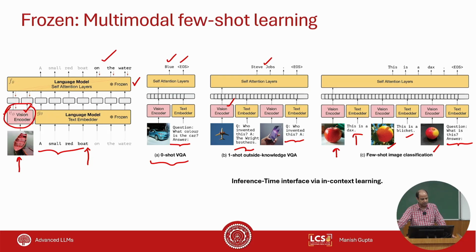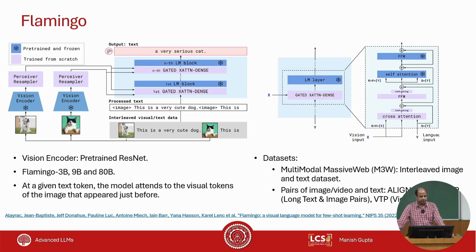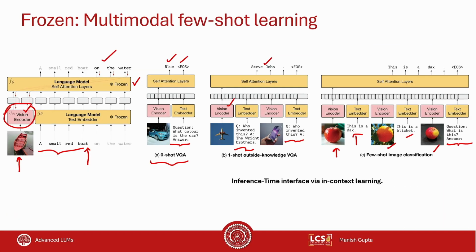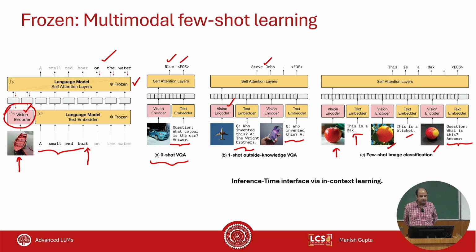They basically called it the frozen model, where the language model is frozen, but the vision model is trained, and then at test time, you could use it in the zero shot, one shot, few shot settings. This model was not trained on multi-image data. So in the input, there is only one image, and the output just has one caption associated. So the pre-training data is of that kind.